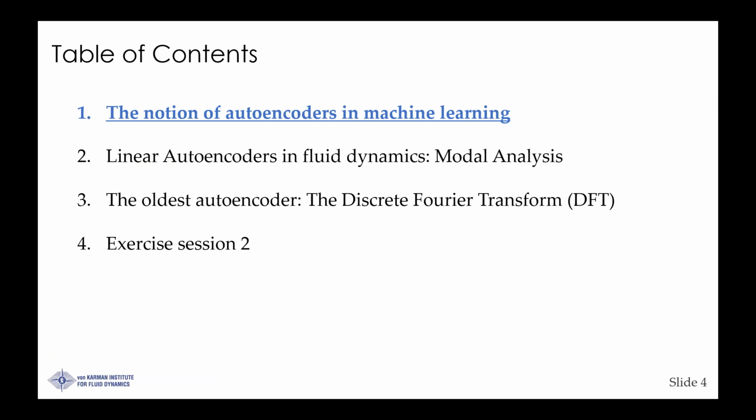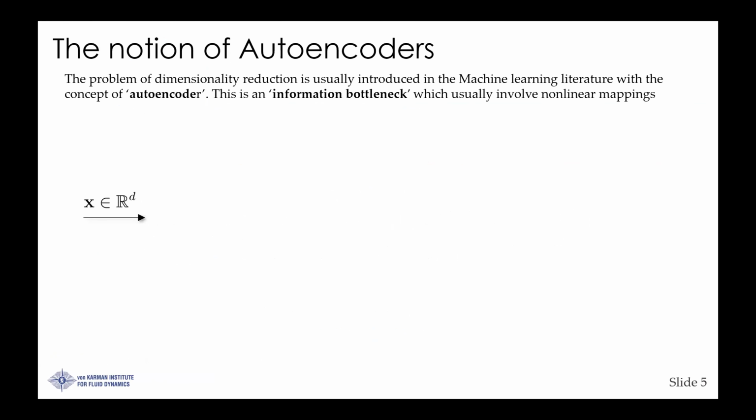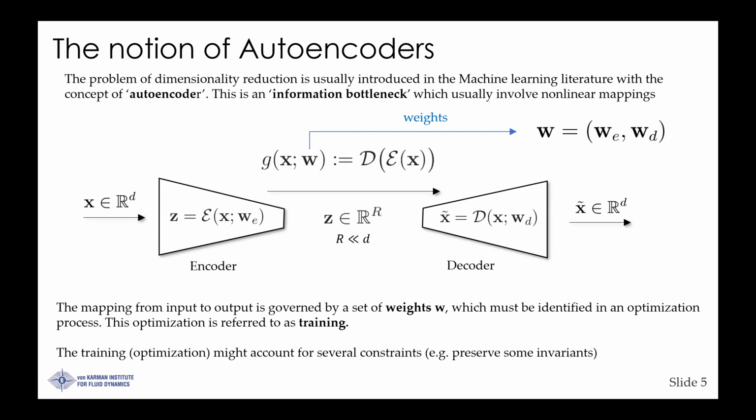Here I first wanted to make the link with autoencoders, which in machine learning is usually done using nonlinear transforms. For the moment, we have been playing only with linear transforms, with B being any arbitrary basis.